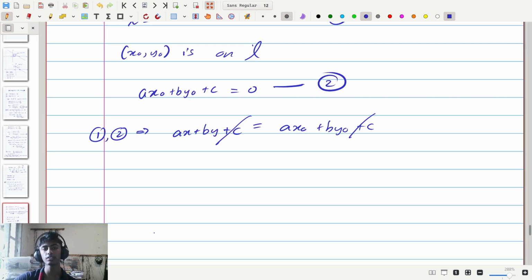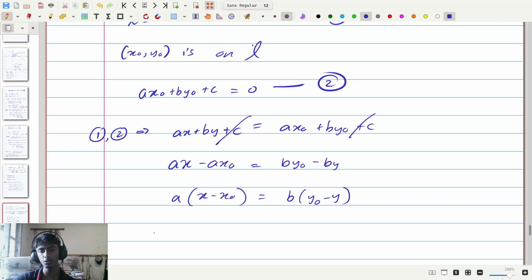We're going to take the x and the x0 to one side as ax minus ax0. We're going to take the by and the by0 to the other side and write it as by0 minus by. Now what we're going to do is factor out the a and the b. Write this as a times (x minus x0) and write the other thing as b times (y0 minus y).